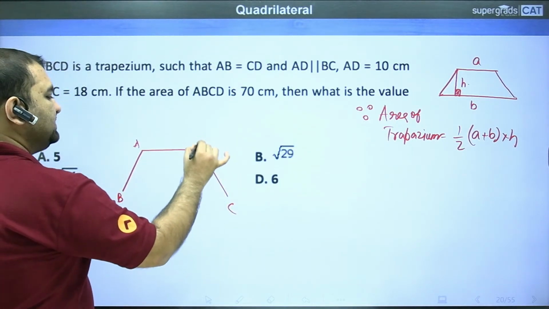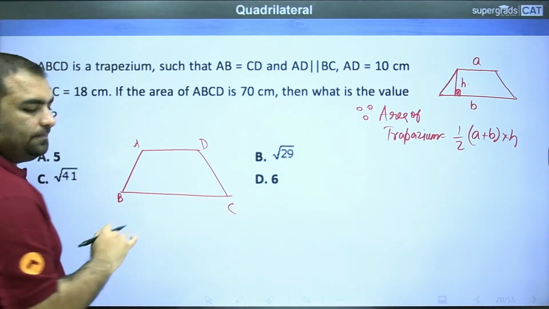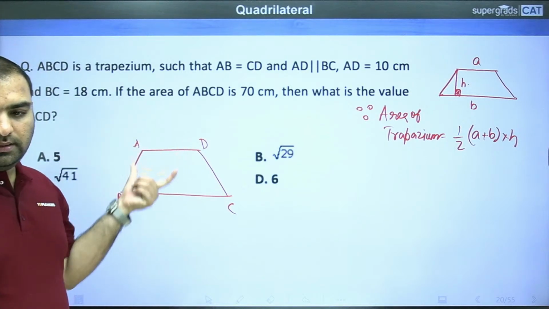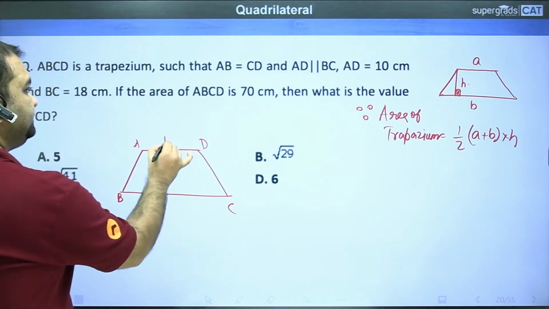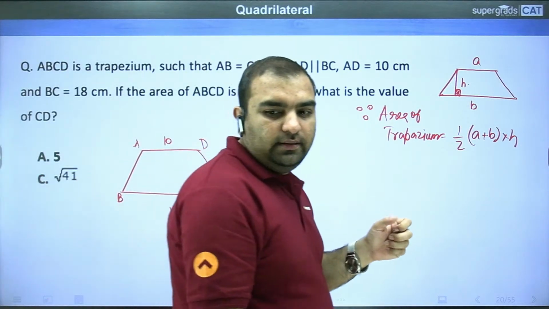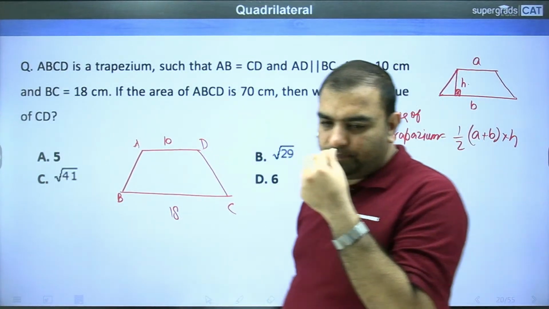Maintain the order always, no matter from where you start. AD is parallel to BC. AD is 10, BC is 18.